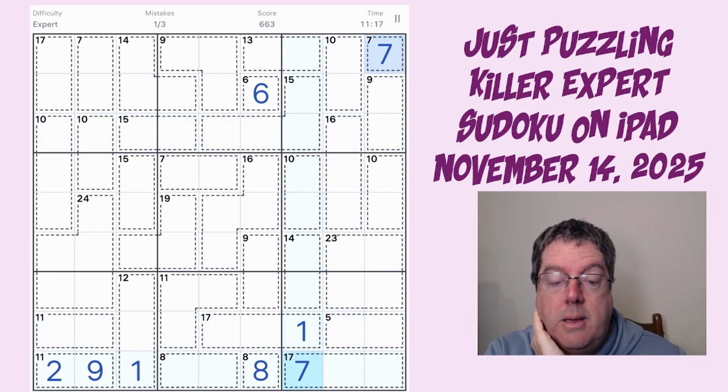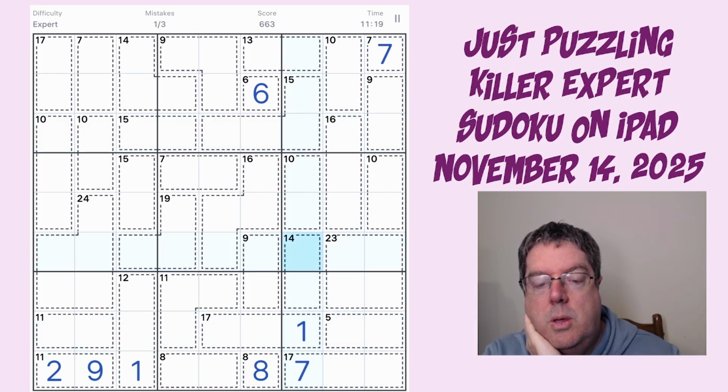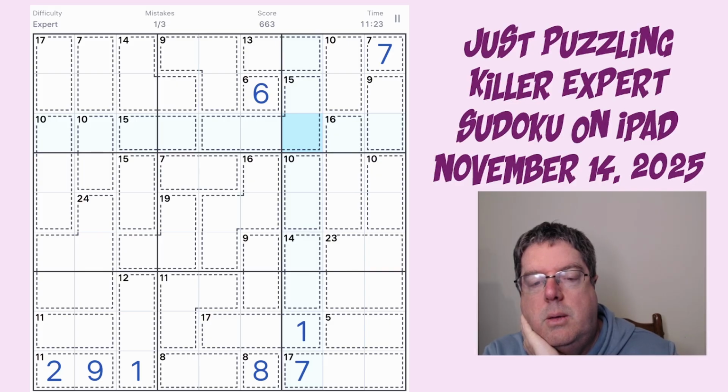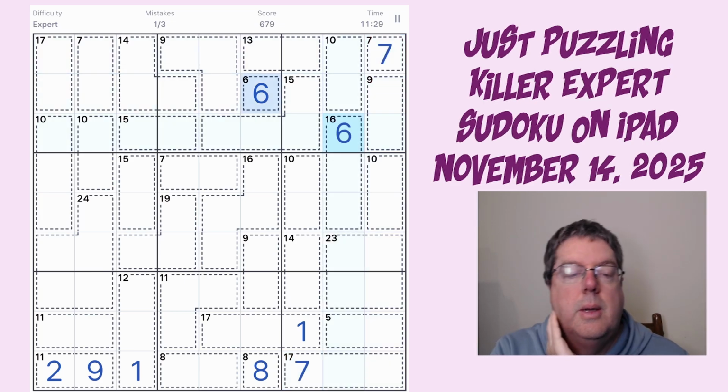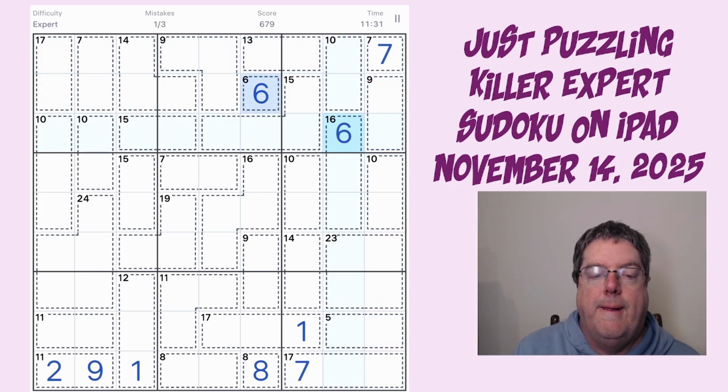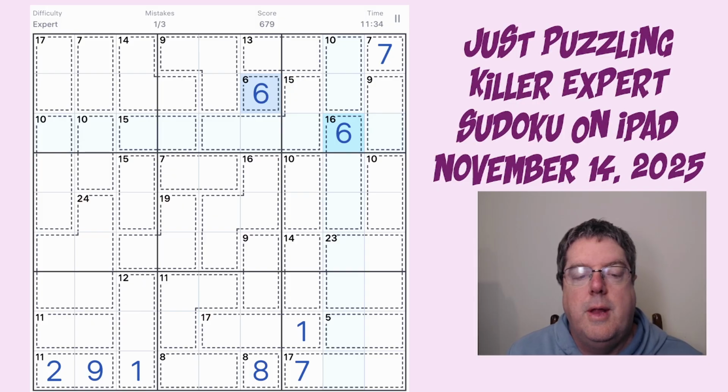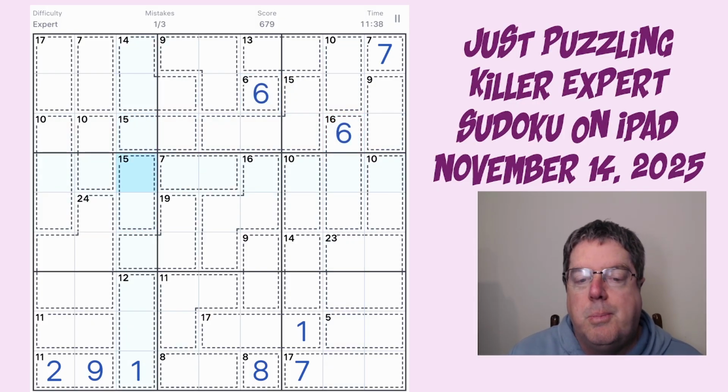So 8, 14 is 22, 32, that's 13, 23, 30, 39, sorry, it's a 6. Goose. So that's definitely 8 and 7, which definitely makes that 9 and 6. So poor rating on my behalf, but the right process.